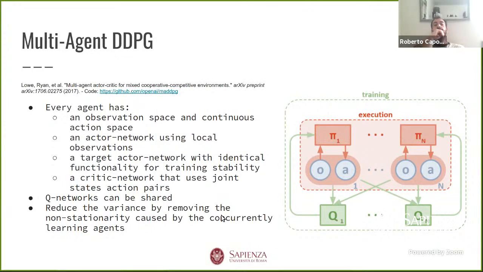And this is a sort of simple idea, which is an extension of the deep deterministic policy gradient algorithm. And if you don't know that, deep deterministic policy gradient is nothing else than a policy gradient algorithm where the policy is deterministic, which is why it's called deterministic policy gradient.